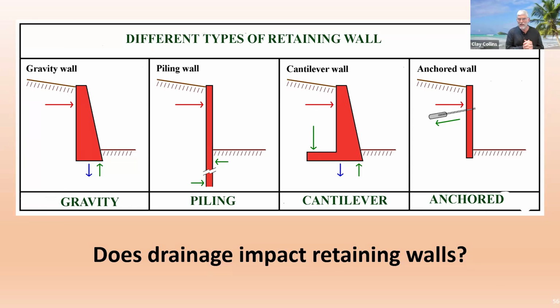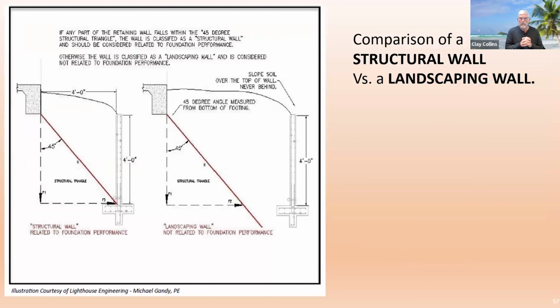So what is it and when is it that we have to inspect it as a part of a structural system? Well, let's talk first about a foundation wall. You'll see that a 45-degree angle from the base of that beam goes down to the retaining wall.